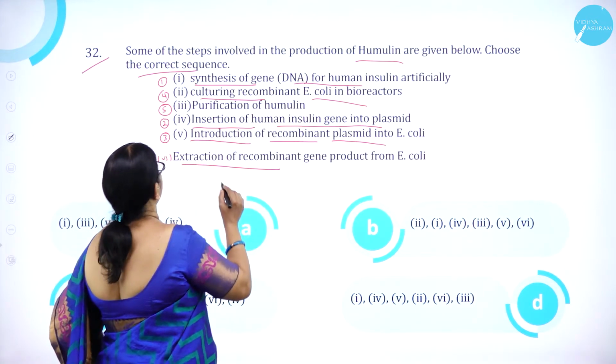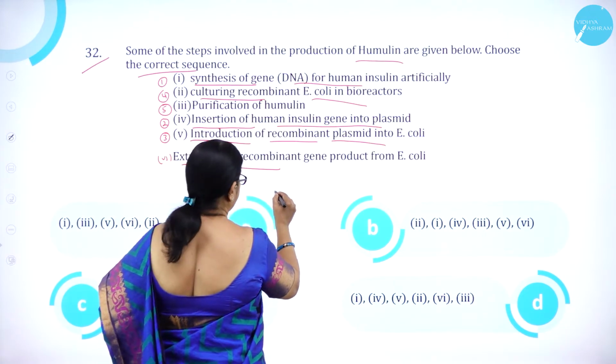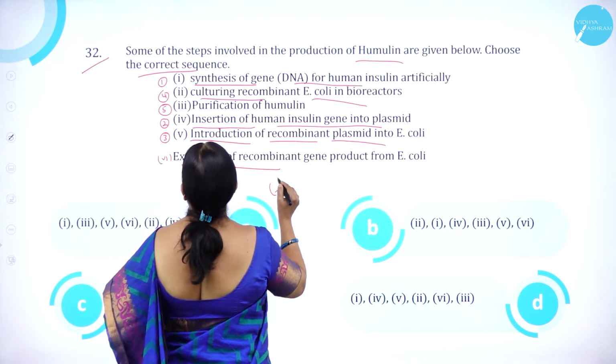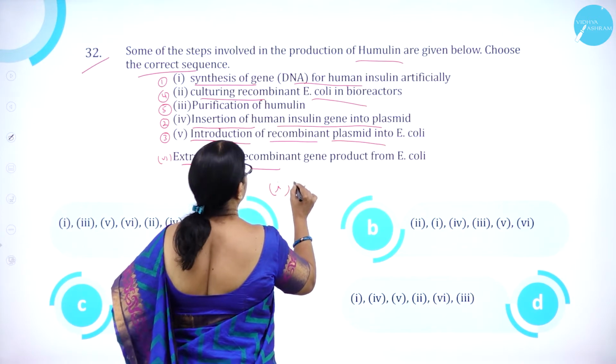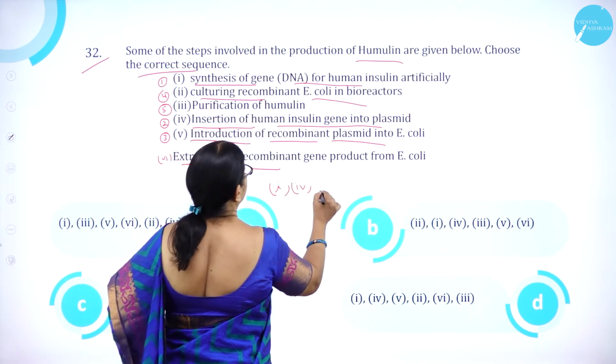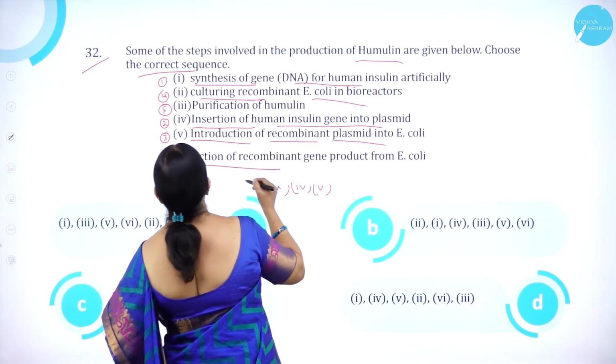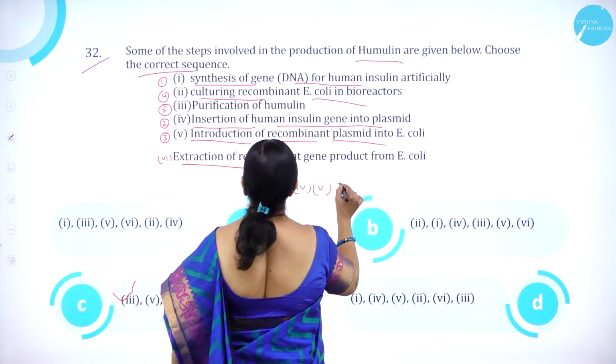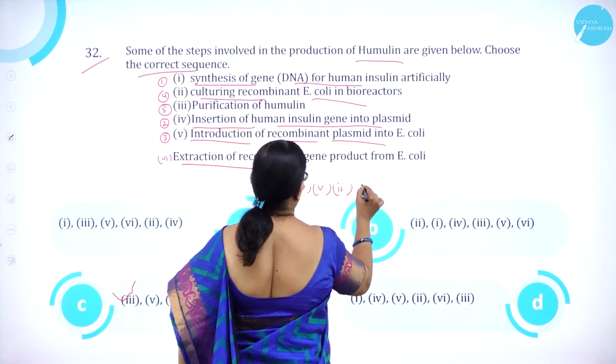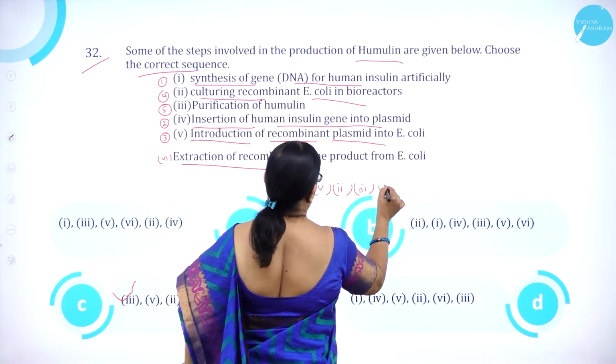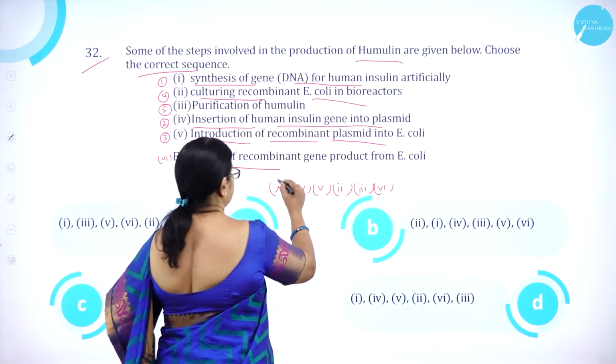So, first one is 1, then 4, then 5, then 2, then 3, then 6. So, this is the option.